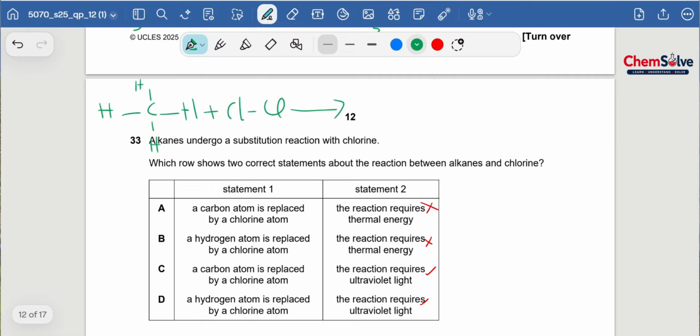One hydrogen is being replaced by one chlorine. Resultantly, we get this structure here. This reaction is called substitution, in which one hydrogen has been substituted by one chlorine. So it says a carbon atom is replaced. No, this is incorrect. A hydrogen atom is replaced by a chlorine atom. Yes, this is the correct statement. So option D is correct here.